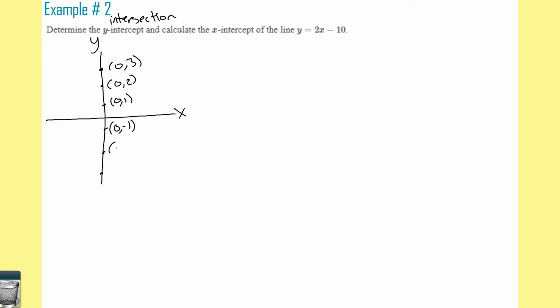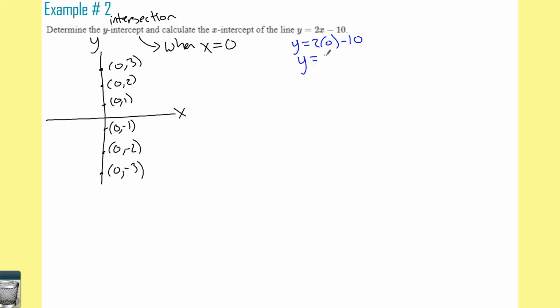You're starting to see a pattern here. All of them have an x of 0. The y is what changes, so it's all on that vertical line, that axis. So the y-intercept is when x equals 0. So we plug that into our equation over here. We say y equals 2 times 0 minus 10.